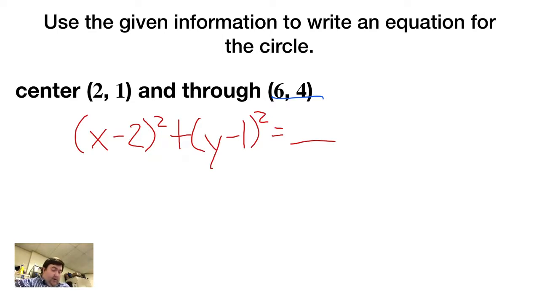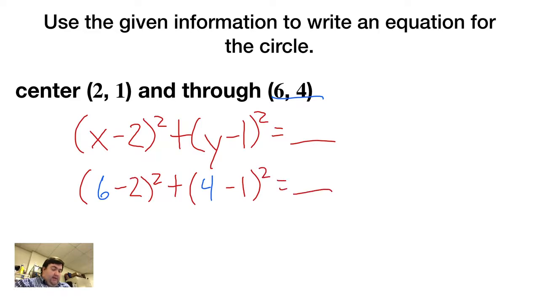So I can go, in this case, 6 minus 2 squared plus 4 minus 1 squared. And that's going to equal whatever this is. So that becomes 4 squared plus 3 squared. And I already know what 3, 4 goes with when it's right triangles.